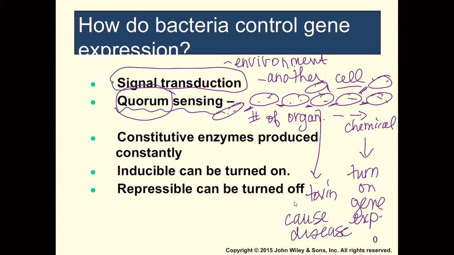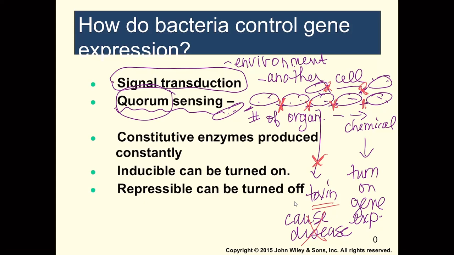So what scientists are thinking is that, let me try to get a different color, if we can block these and stop them from actually communicating, it won't matter how many are there because they won't ever produce this toxin and they won't cause disease. So they're trying to regulate and control quorum sensing to stop the bacteria from causing disease. So it doesn't matter how many you have in there if they don't make the toxin.